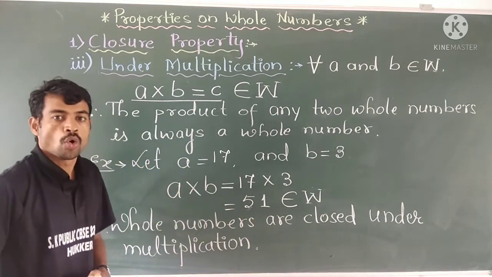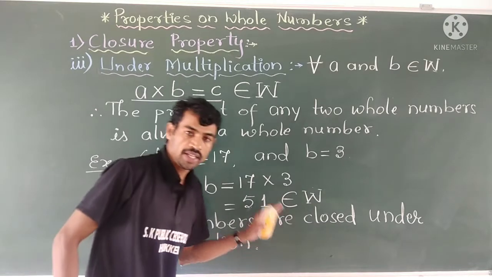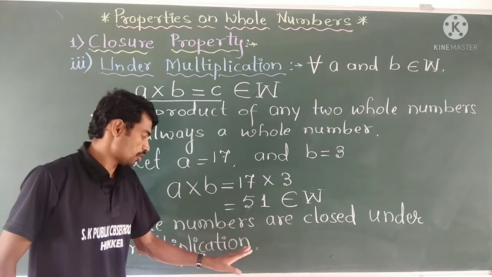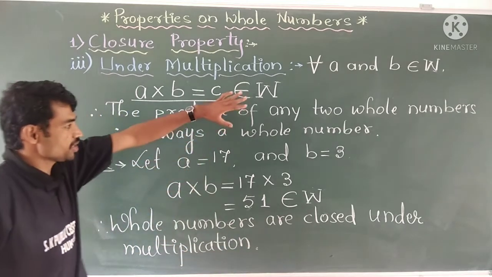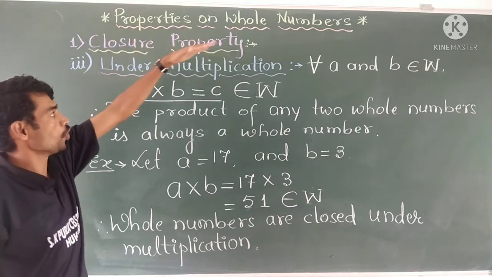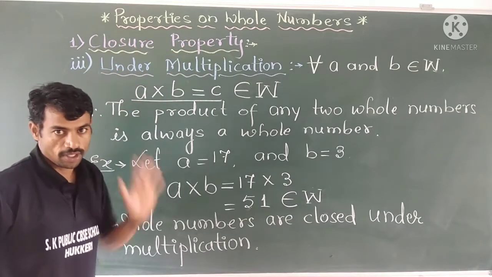It means the closure property is applicable for the multiplication of whole numbers. So this is the general formula for the closure property of whole numbers under multiplication.